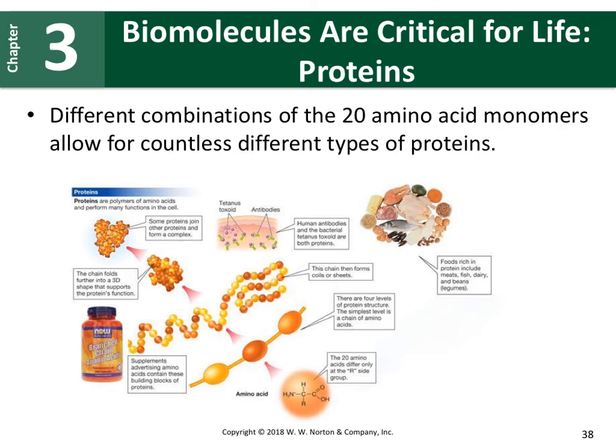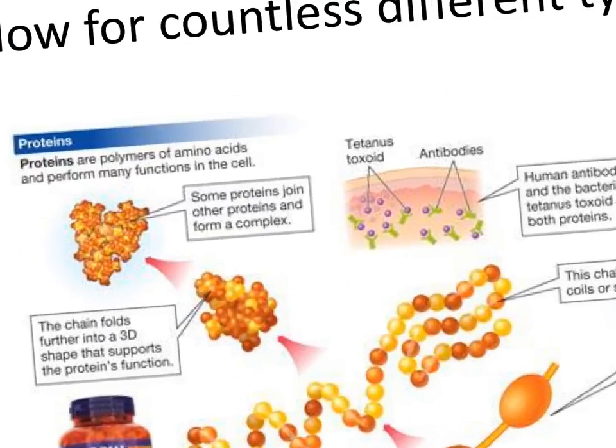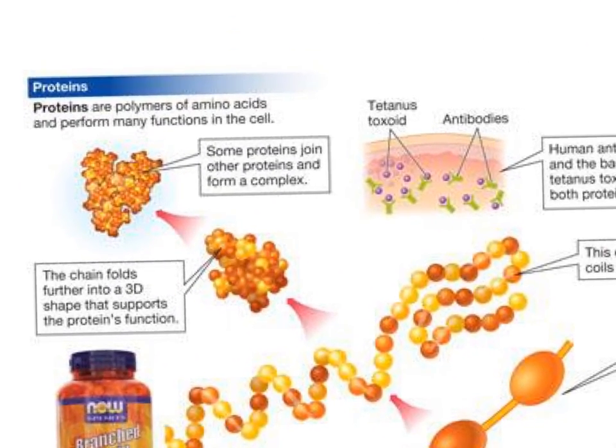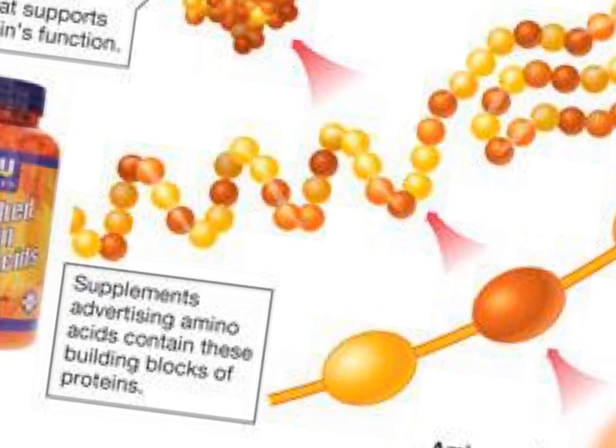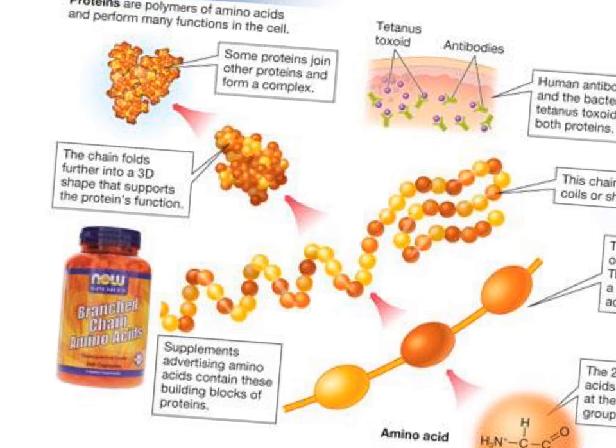Let's see. So again, proteins are polymers. That means long strings of amino acids. The chain folds further into a 3D shape. So here's our protein all strung out here.